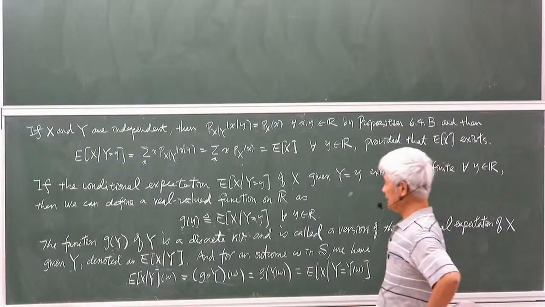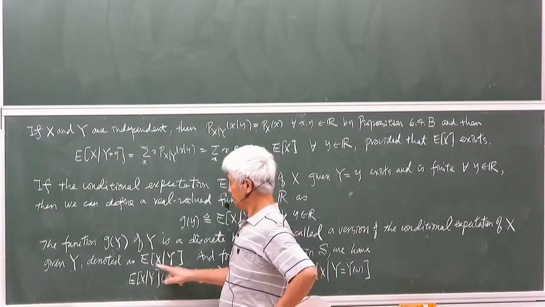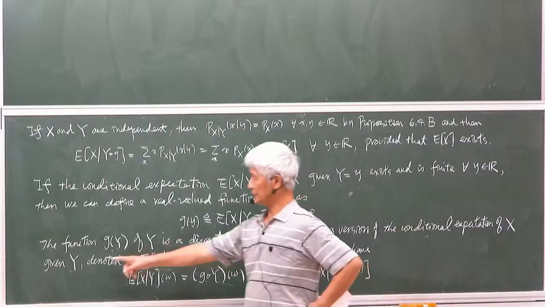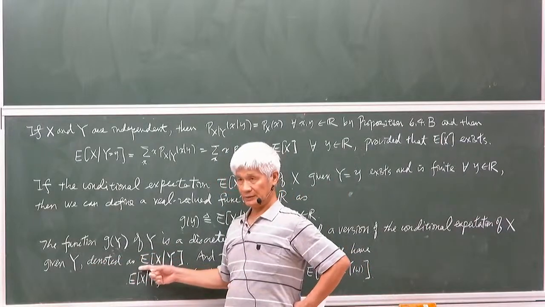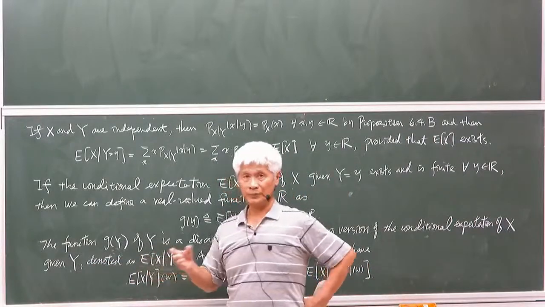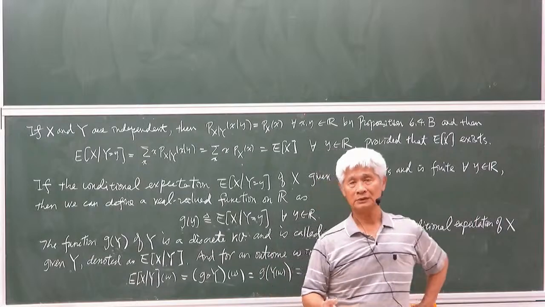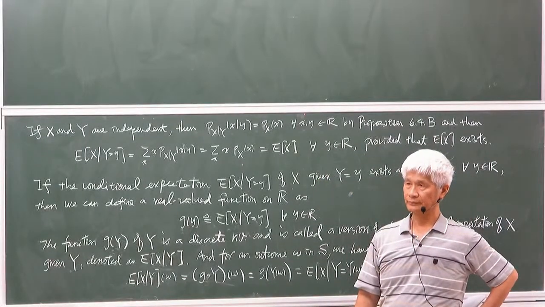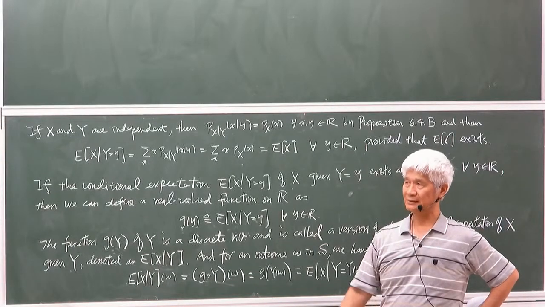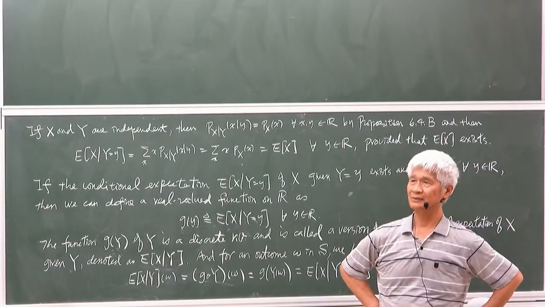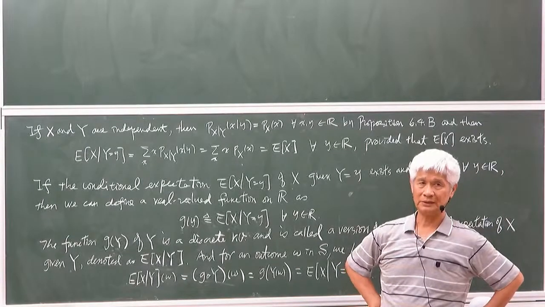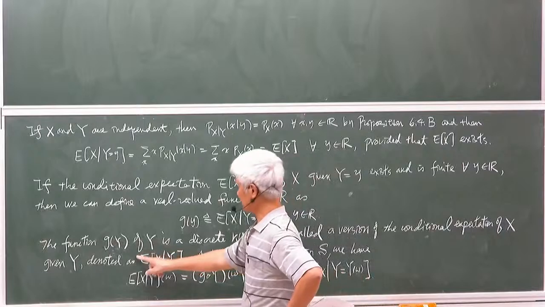You will see this construction of the so-called conditional expectation of X given another random variable. This definition or construction will be very useful in many disciplines: mathematics, engineering, economics, finance, a lot of places. You will use this construction.